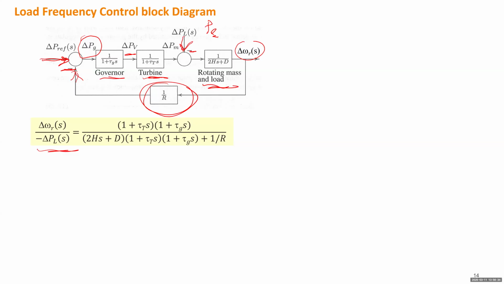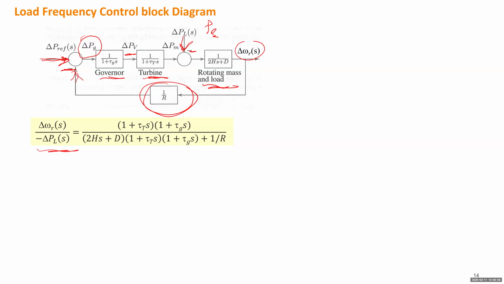If we want to study how the frequency changes with the load change, you can definitely write down another transfer function, which is how the frequency changes with the change of the setting point. For that case, it will be delta omega r divided by delta P ref.